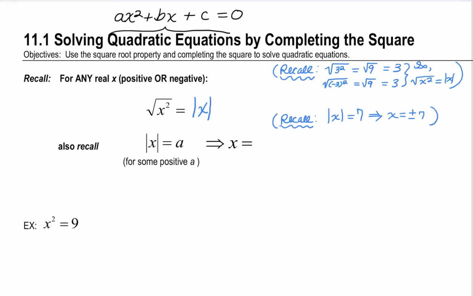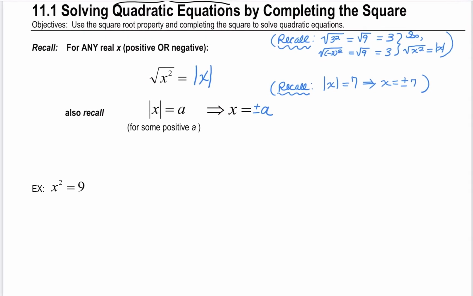So if the absolute value of x is equal to some positive a, then x could be either plus or minus a. Looking at these two facts together, we're going to look at one example where we show all of this work, and then we'll develop our shortcut shorthand for it.